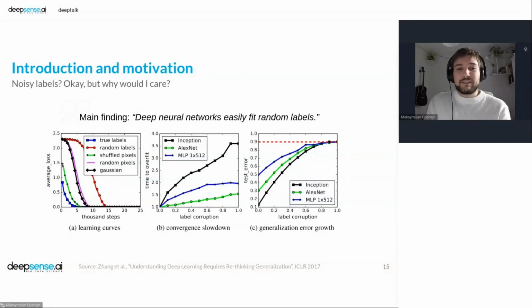And then we got some shuffled pixels or random pixels introduced in these pictures, so in the data features. And still the neural network could fit the data and, as you see, converged. The really interesting case for our scenario is that even when introducing completely random labels, this model could converge.